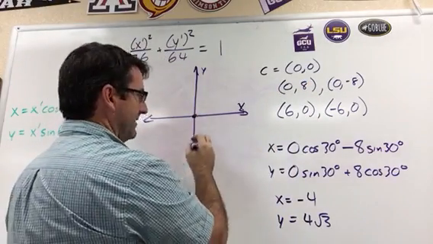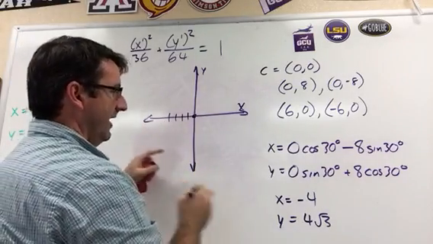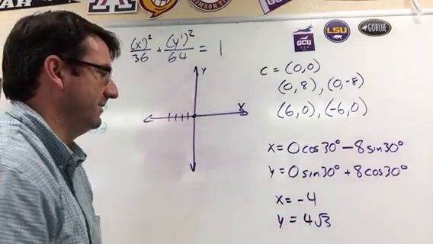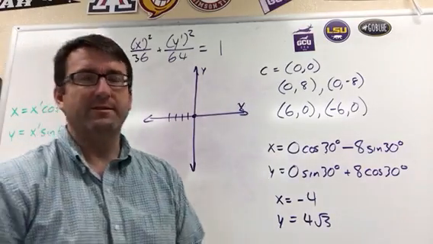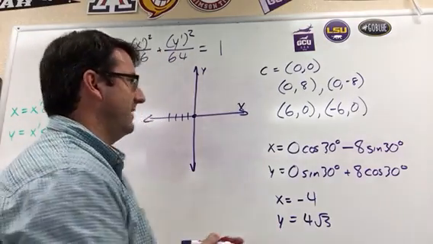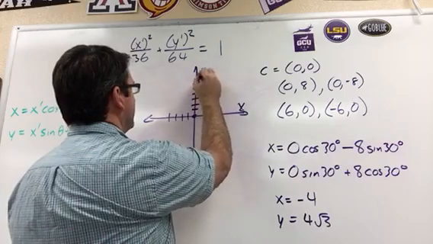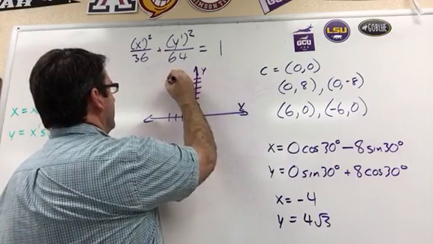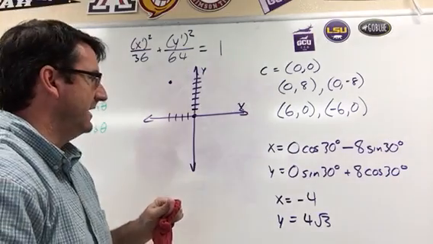So we're going to come back negative 4 and up 4 times the square root of 3. But that square root of 3 is about 1.7, so about 6.8, somewhere in there. 1, 2, 3, 4, 5, 6, 7. Up in here is going to be our vertex there.